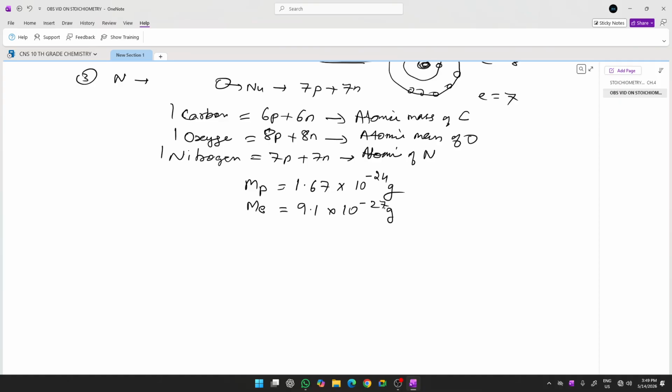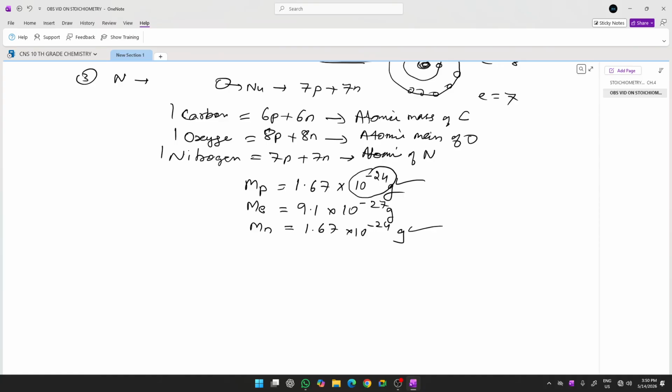And the mass of a neutron is the same as a proton, 1.67 times 10 raised to minus 24 grams. Can you see this is 10 raised to minus 24? So it is very, very small. The mass of the proton and the neutron is the same.